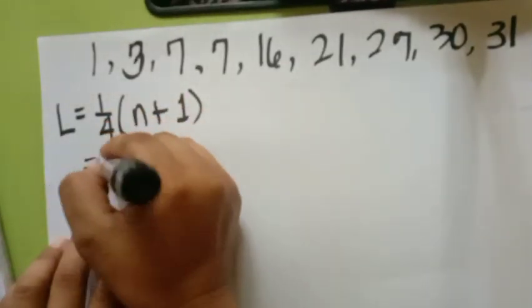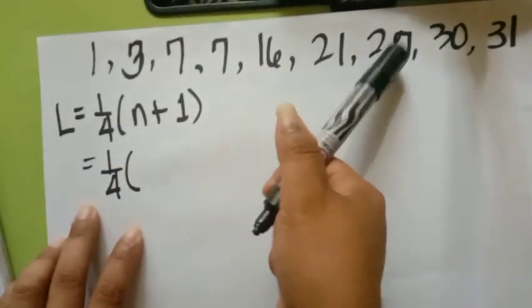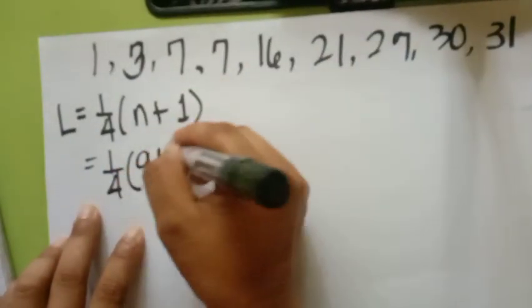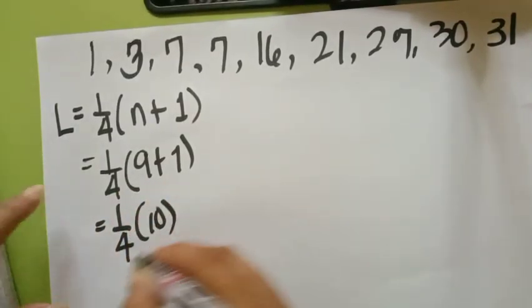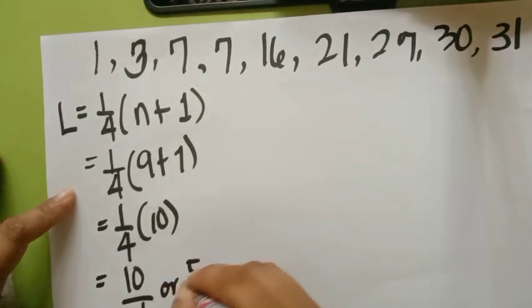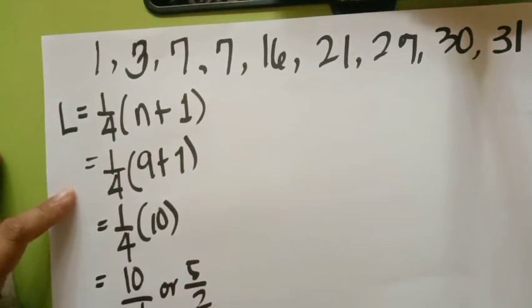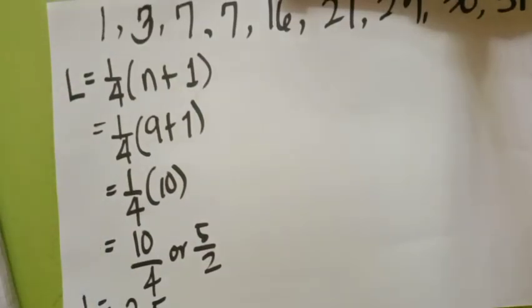So, this is 1/4. Ang N natin ay 1, 2, 3, 4, 5, 6, 7, 8, 9. 9 plus 1. So, this is 1/4 times 10, which is 10 over 4 or 5 over 2. 5 divided by 2 is 2.5.